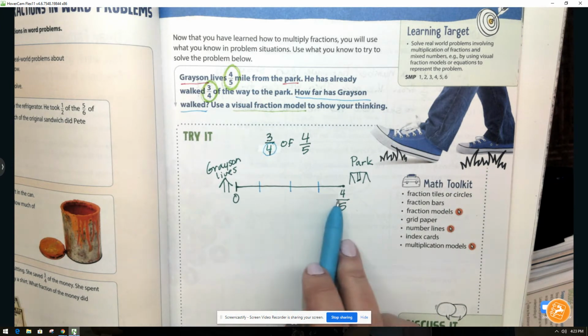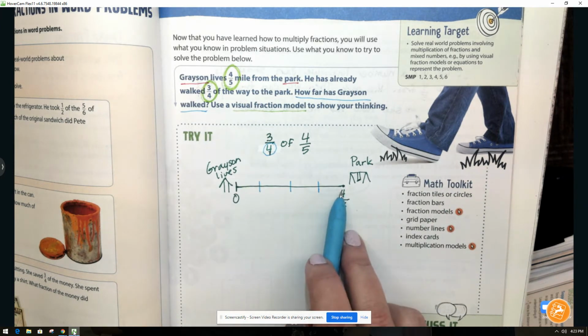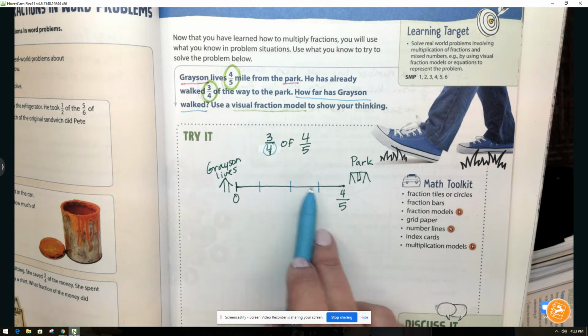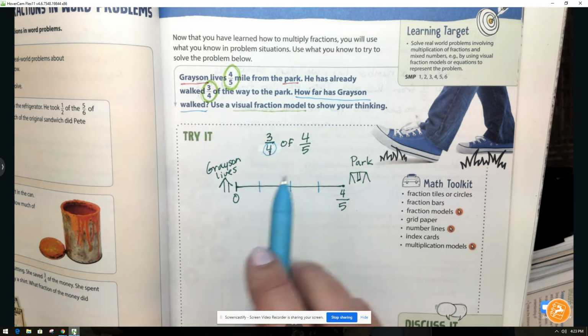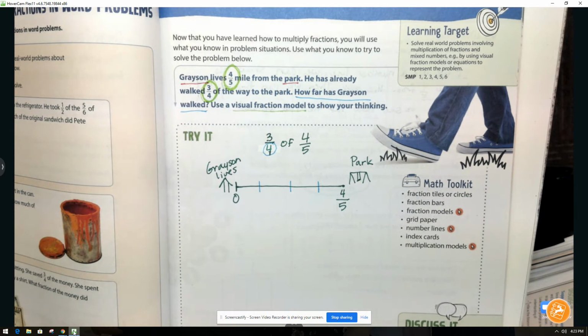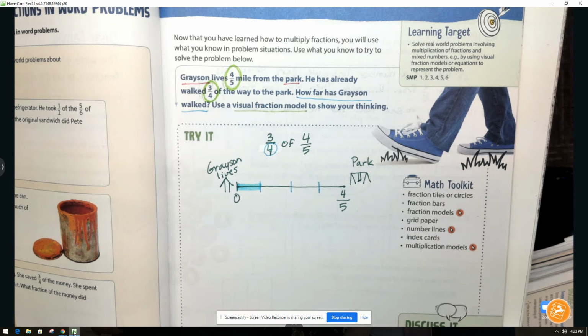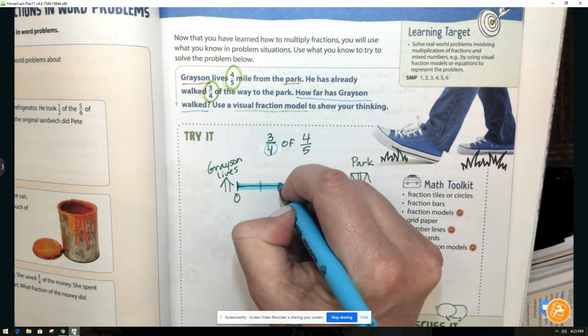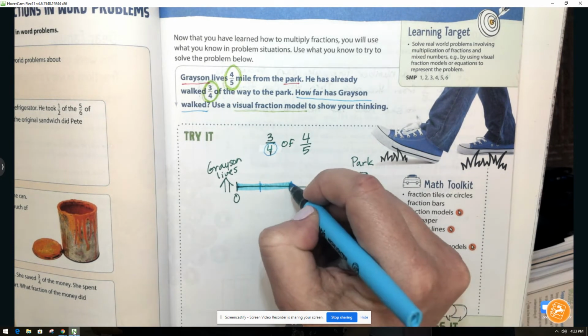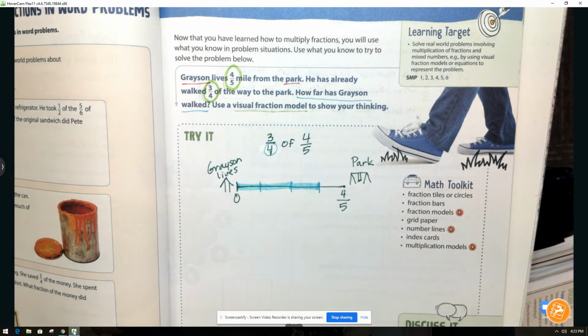So now I've broken this into fourths, and now I'm going to shade in 3/4. So I'm going to shade in 1/4 of 4/5, 2/4 of 4/5, and finally 3/4 of 4/5.